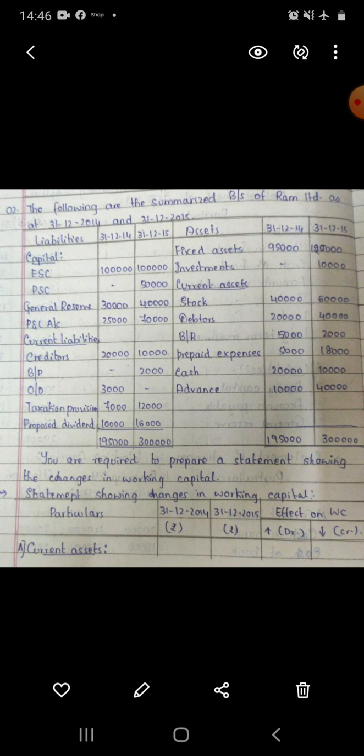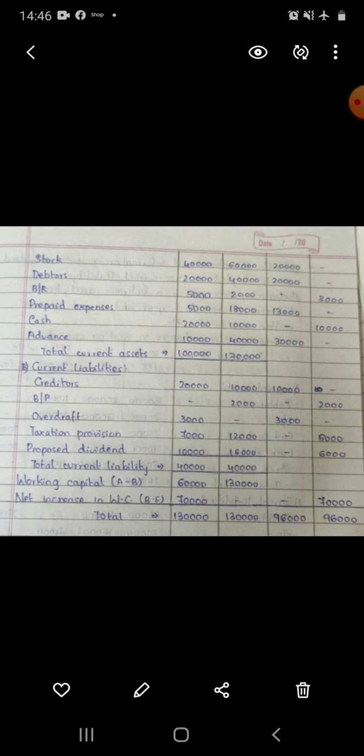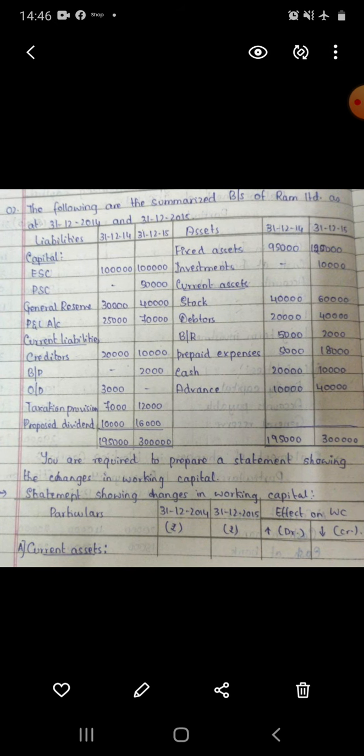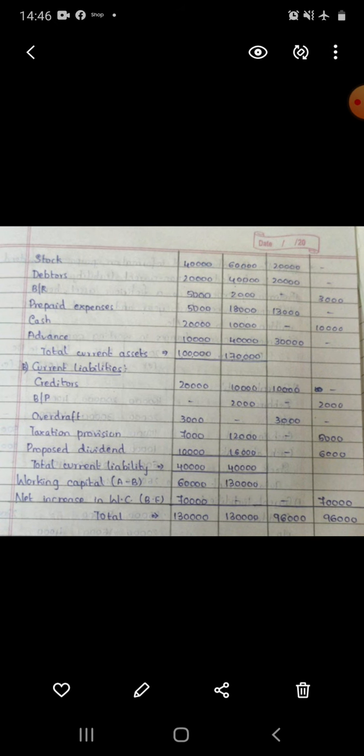Okay, see, stock is how much? 40,000 and 60,000. Difference is 20,000, which means there is an increase in the working capital. Then debtors 20,000 and 40,000, there is an increase. Then bills receivable 5,000 and 2,000, there is a decrease.